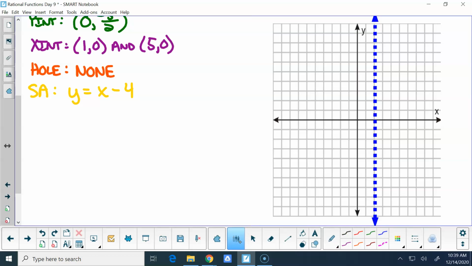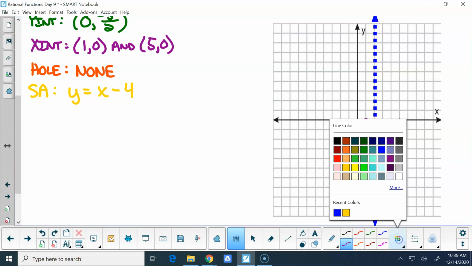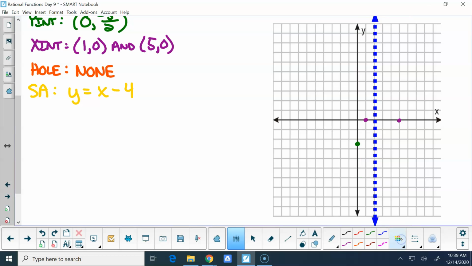We had a y-intercept at negative 2.5. We had an x-intercept at positive 1 and 5. We had a slant asymptote.